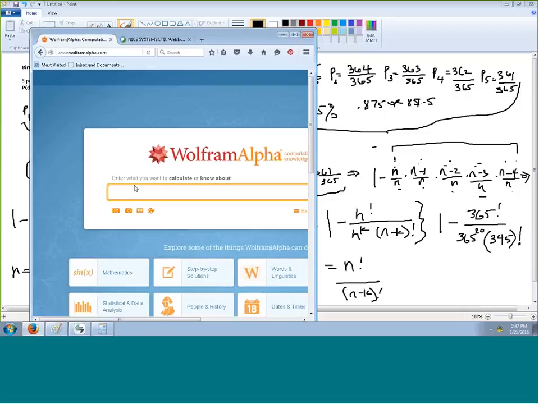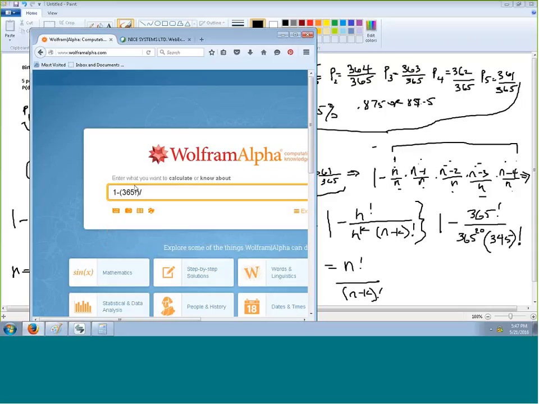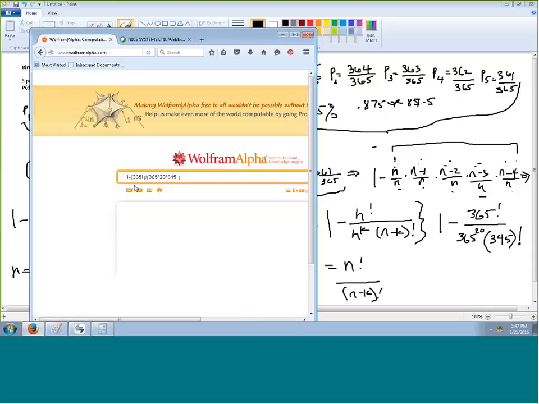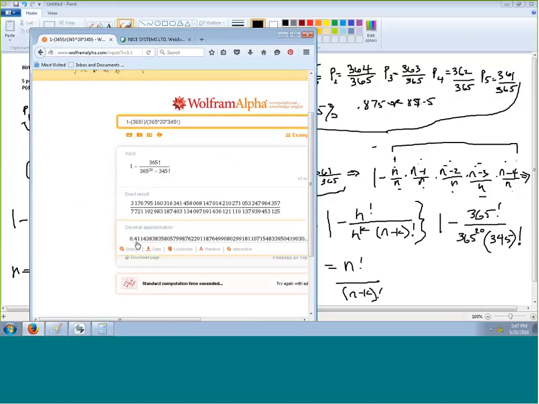All right, and 1 minus 365 factorial divided by 365 to the 20th times 340 factorial. Survey says 41%. So, our intuition would have been way off here.